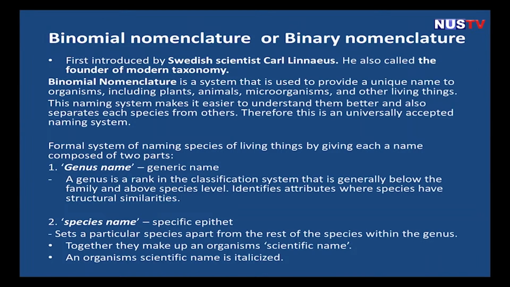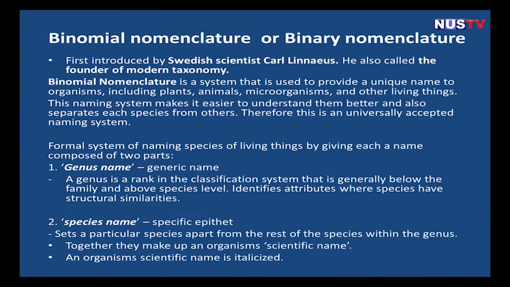The binomial nomenclature is a system that is used to provide a unique name to any organism, and this includes plants, animals, microorganisms, and other living things. This naming system makes it easier to understand them better and also separates each species from each other.